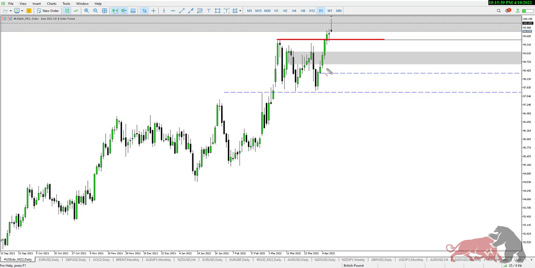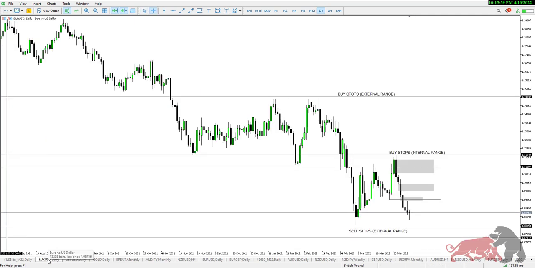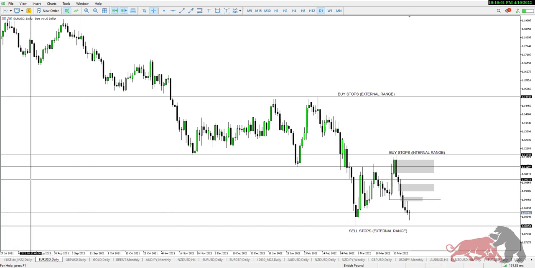So we have created what? A new high. We've got a higher high in our price action on dollar index at a time when pound USD created a new low below the low of 7 March. That's by creating a new lower low. But now if we come to Euro USD, we do not see the same.